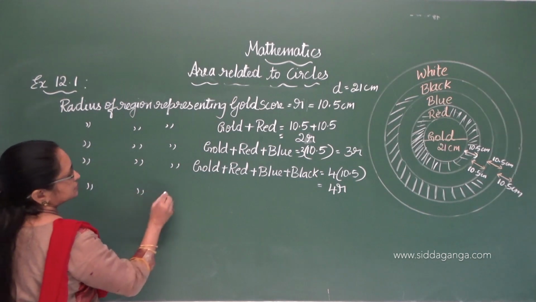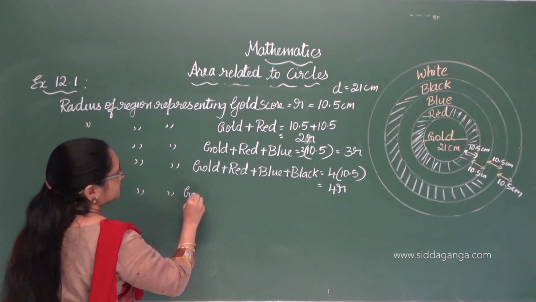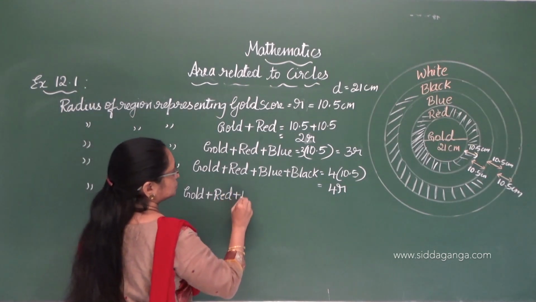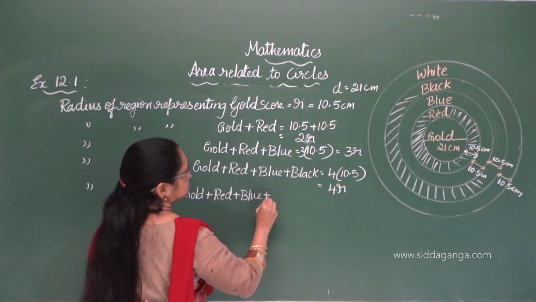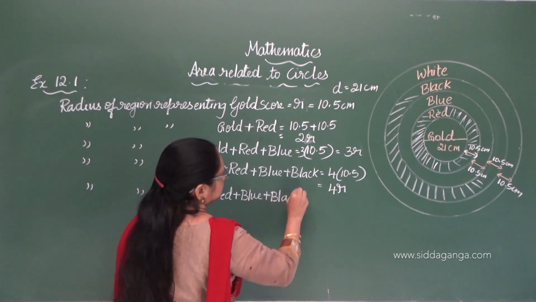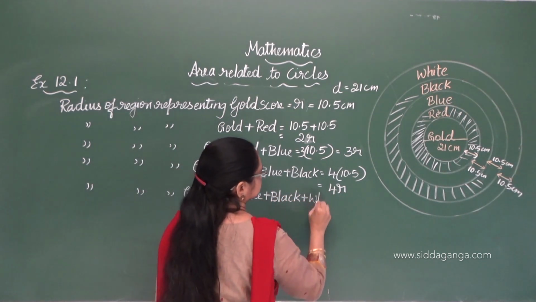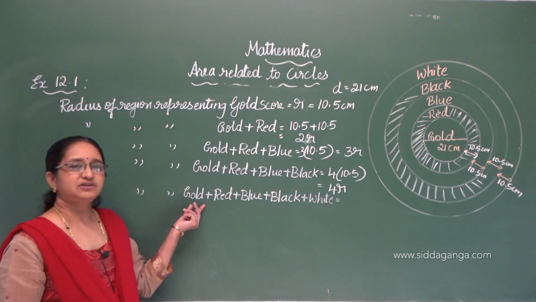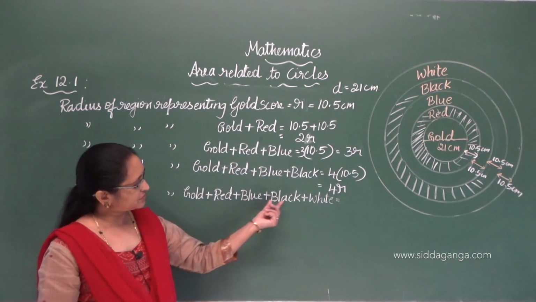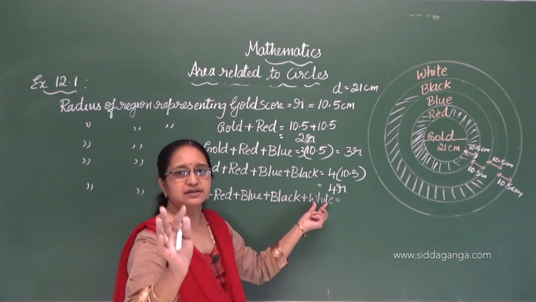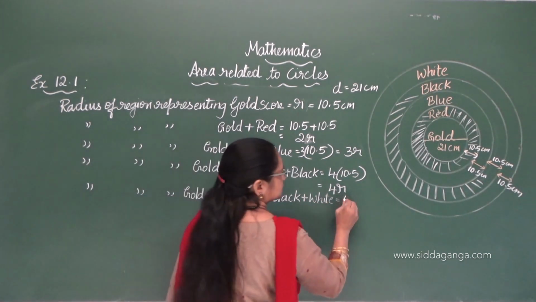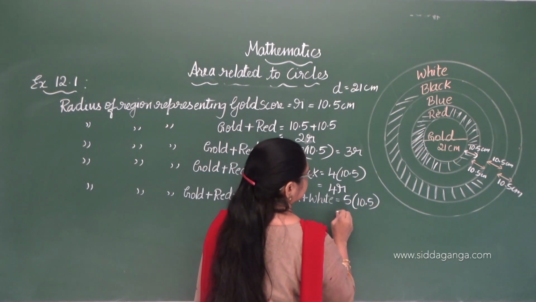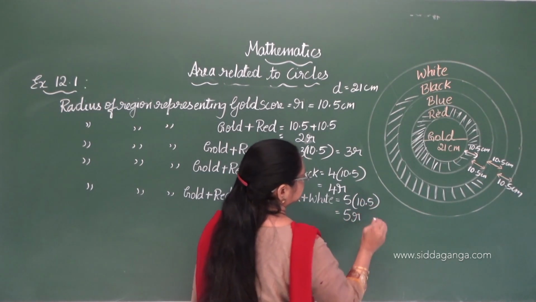The radius of the region representing gold plus red plus blue plus black plus white. So this will be 5 times 10.5, or can I write it as 5R?